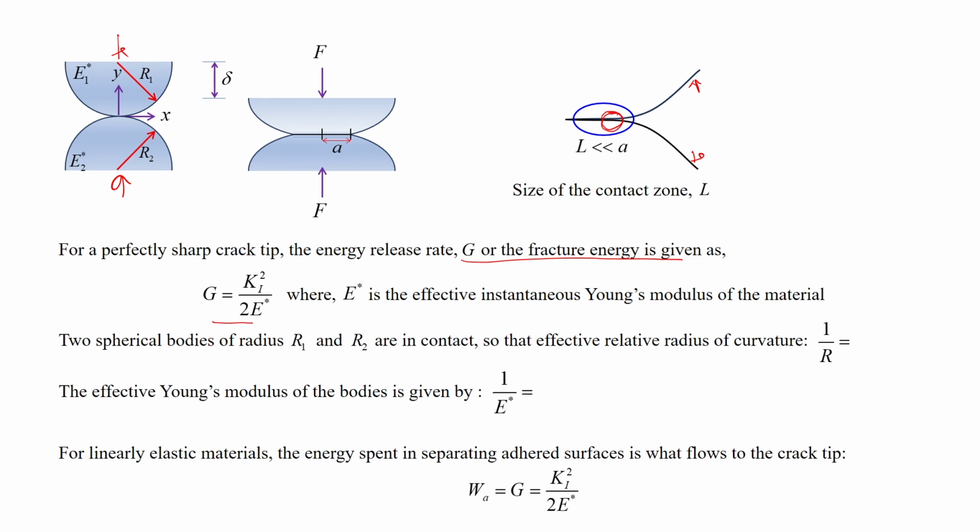As a result G is given by this particular relation, where Ki is the stress intensity factor of the first kind, the type 1 crack, and E star we know is the effective instantaneous Young's modulus of the material, given as 1 minus sigma 1 square by E1 plus 1 minus sigma 2 square by E2. Sigma 1 and sigma 2 are the Poisson ratios, E1 and E2 are Young's moduli, and 1 by R is equal to 1 by R1 plus 1 by R2.